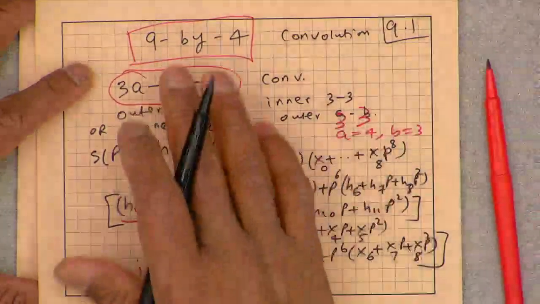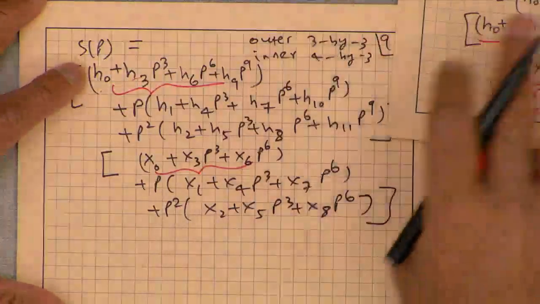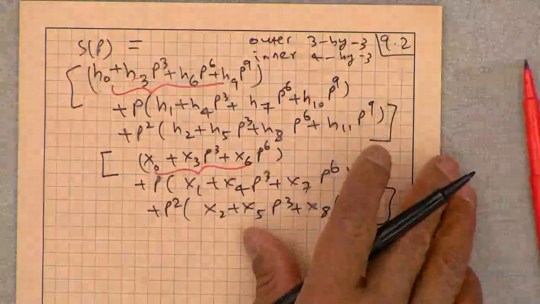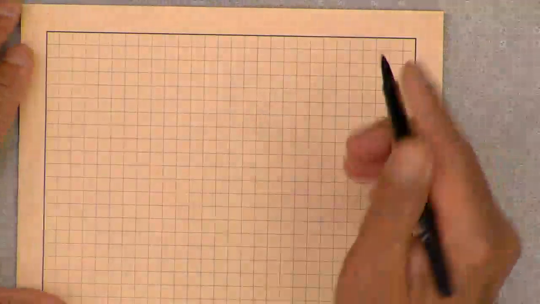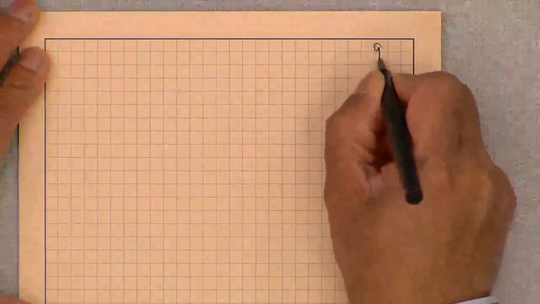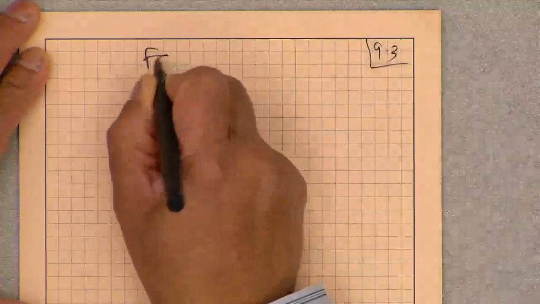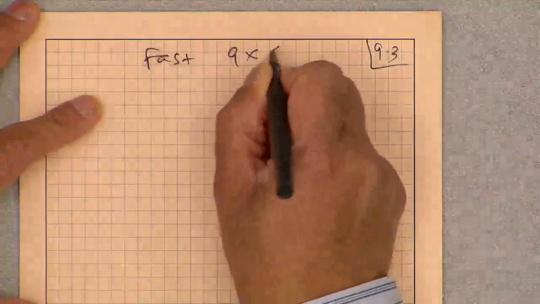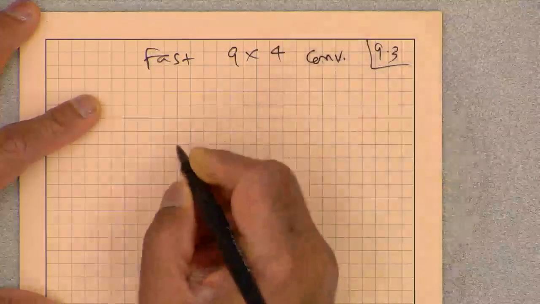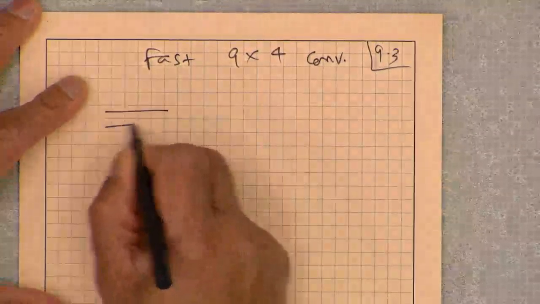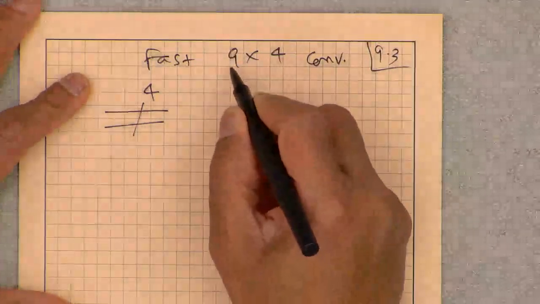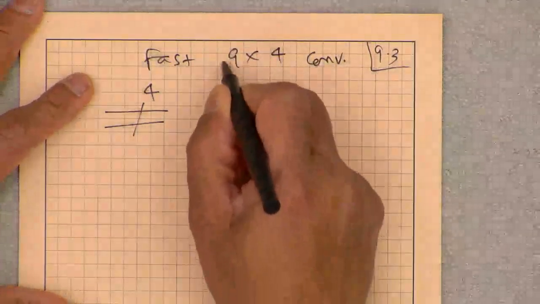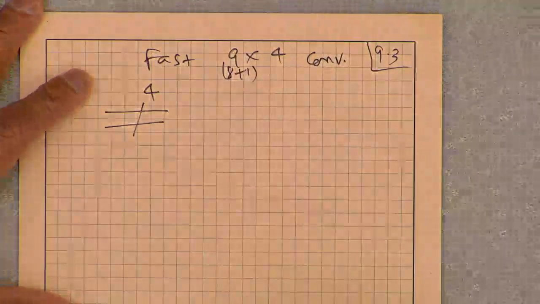The best way to solve that 9 by 4 convolution is, so how really would you solve a fast 9 by 4 convolution? So here is what you can do. You can take the 4 point, and 9 can be written as 8 plus 1 point.